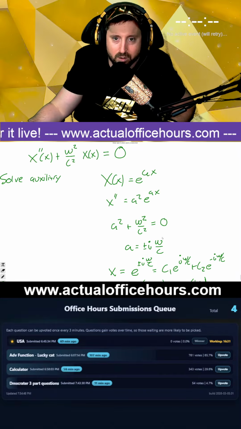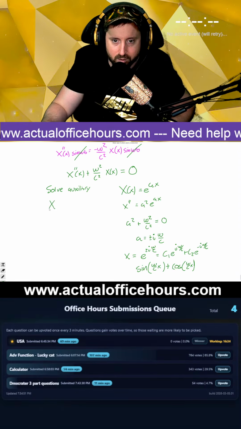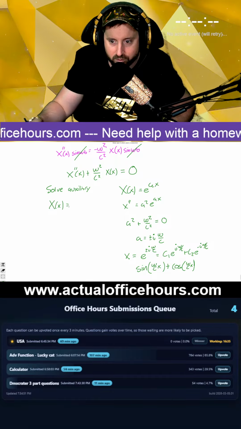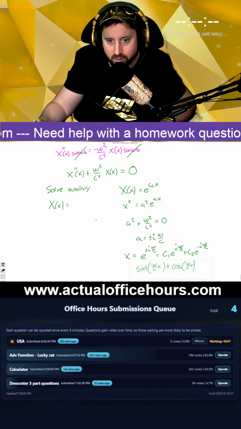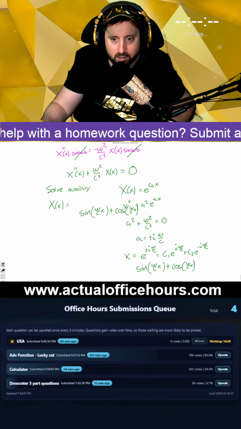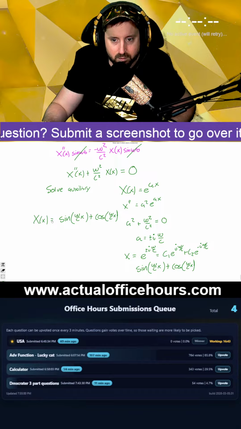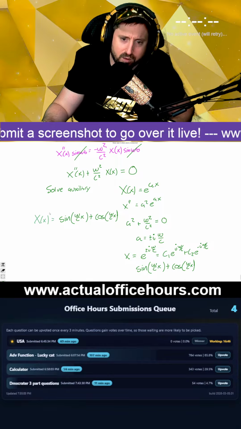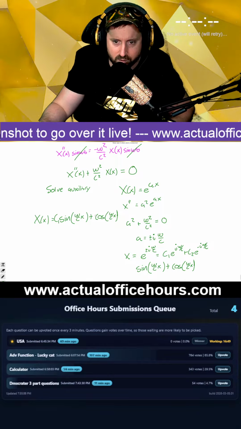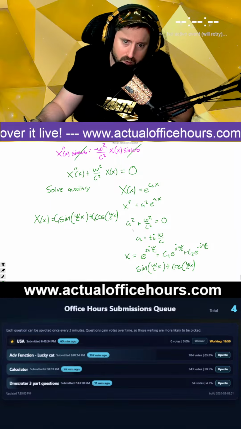Okay, cool. So you solve the auxiliary equation, right? And so we get X of x is now equal to this, with constants. Yes, there's a C1 here, there's a C2 here.